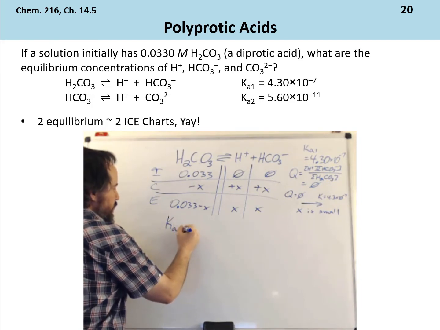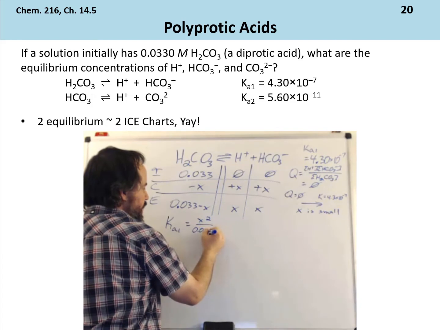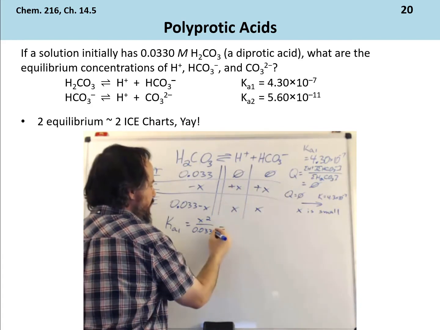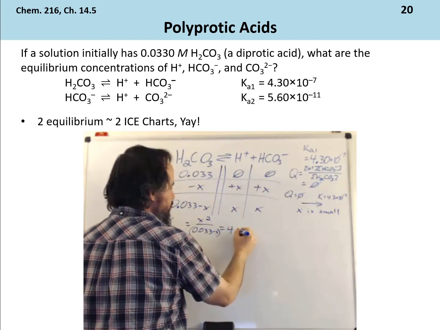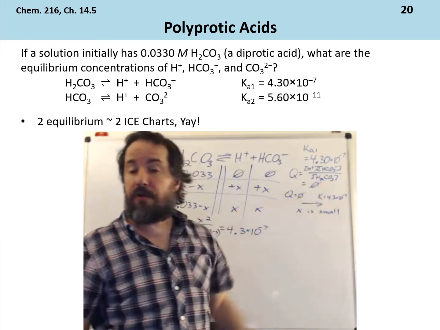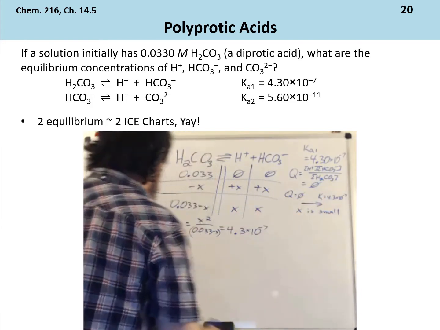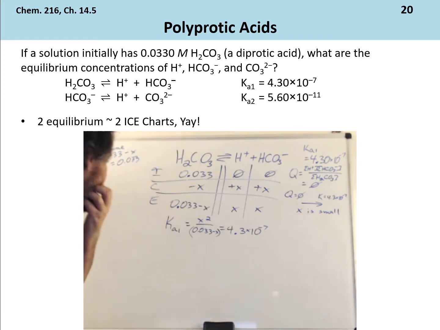So Ka1 equals x squared over 0.033 minus x, sorry, equals 4.3 times 10 to the minus 7. I already said that these both are very small, so I can assume that x is small. I should go back later and check this to make sure.